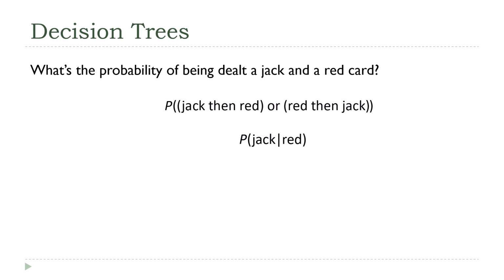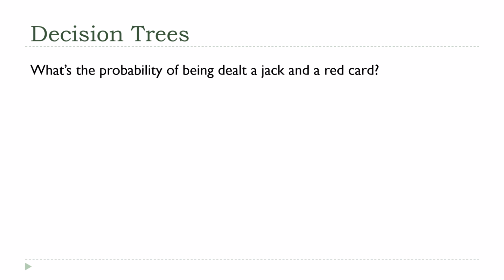So I want to introduce another way of approaching this using something called a decision tree. What I'm going to do here is think through all of the possible ways we can be dealt these two cards, focusing on these two things that I care about: whether or not it's a jack and whether or not it's a red card.